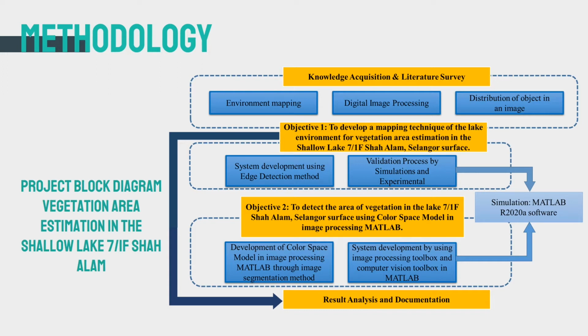The color space model is to find the best area of vegetation in the lake using RGB color space model and YCrCb color space model, and the system development by using the image processing toolbox and computer vision toolbox in MATLAB, and the simulation run by using the MATLAB R2020a software.